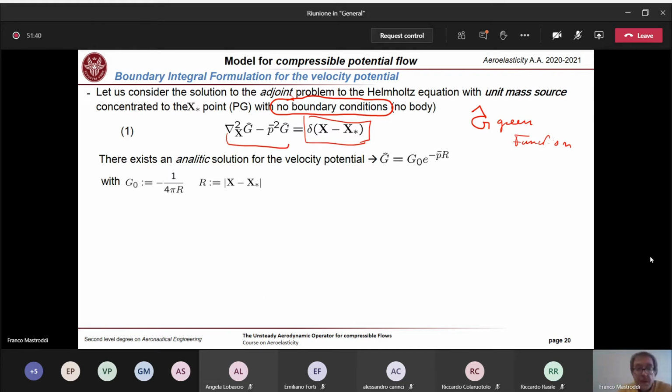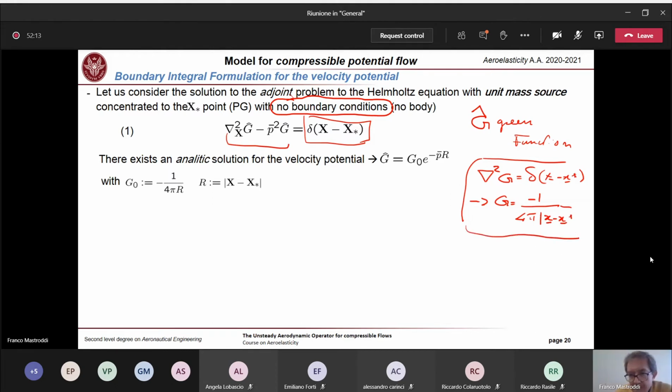And do you remember, in the incompressible case we have this equal to the physical x minus the physical x star, and we have as a solution the standard solution that you know, which is minus 1 over 4 pi times the modulus of x minus x star.